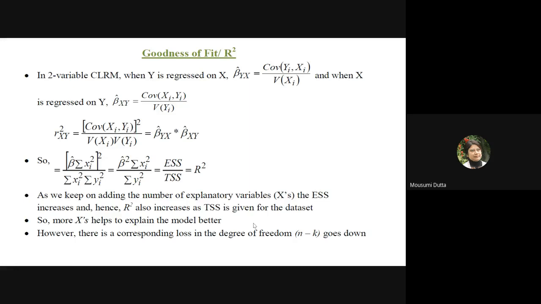Okay, so R square, which is ESS by TSS, is considered as a measure of goodness of fit. And remember that as you increase the number of explanatory variables in your model, ESS increases, TSS remaining constant, and hence R square increases or improves.